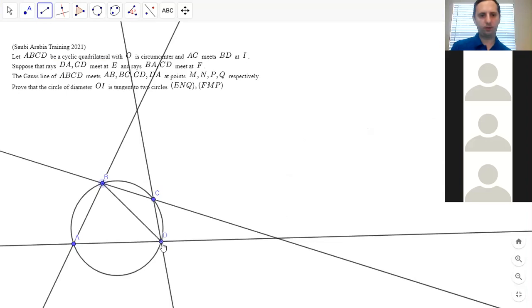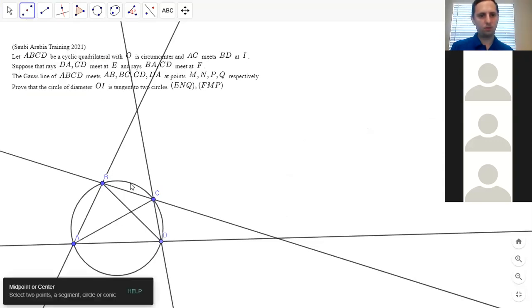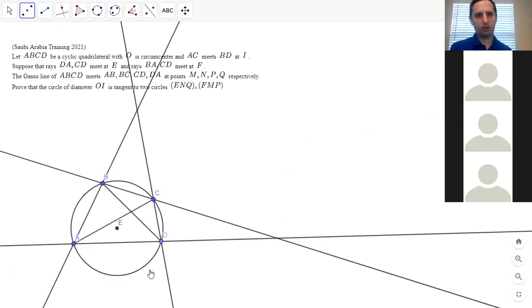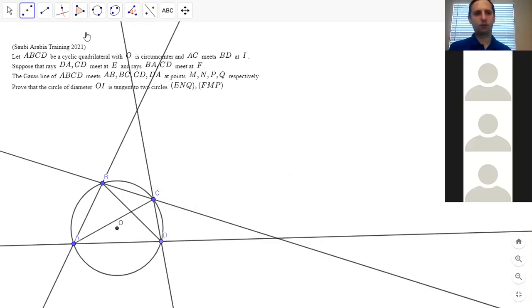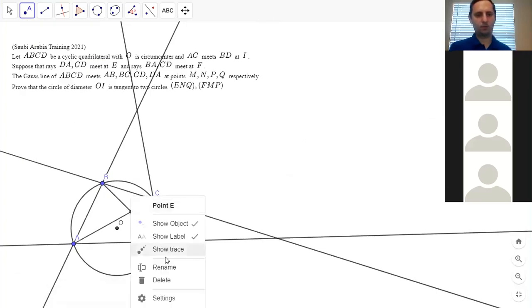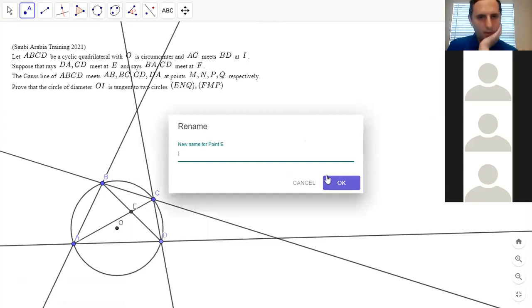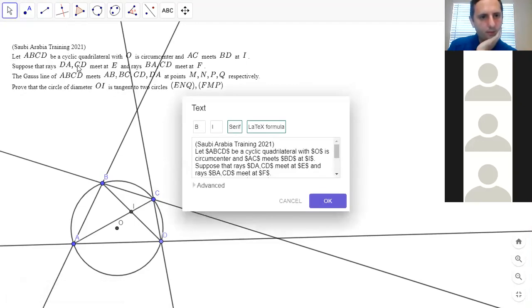O is the center of the circle, and I is the intersection of the diagonals. And BA, and this should be DA and BC, I think. DA and BC.